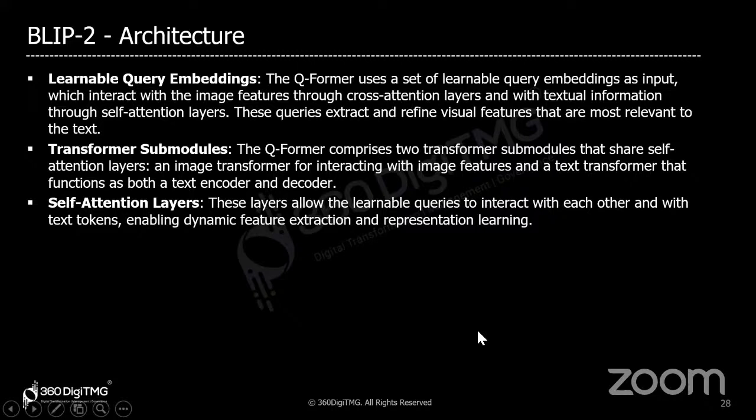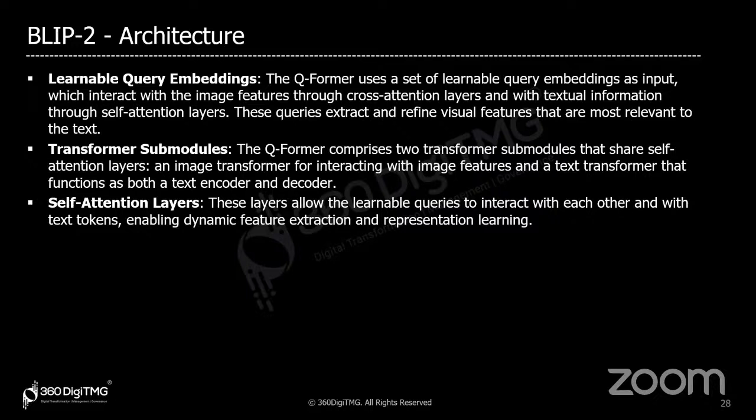Then it has learnable query embeddings. The Q-Former uses a set of learnable query embeddings as input, which interact with the image features through cross-attention layers and with textual information through self-attention layers. These are hidden layers.